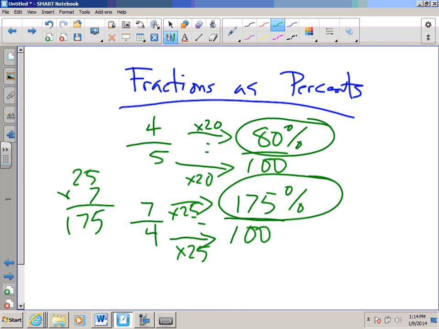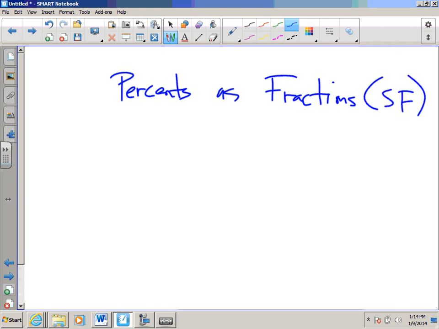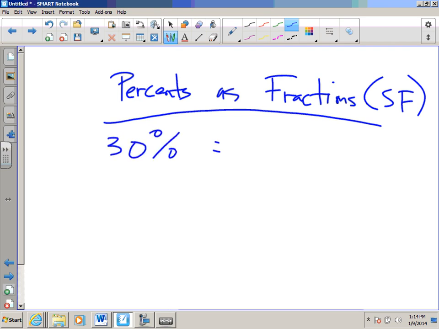And then I think the final thing was percents as fractions. And the one thing that we need to remember here is they should be in simplest form. So if we took the percent 30%, we want to put it into a fraction. Starting off, I would just take whatever the percent is, in this case 30, put it on top with what as the denominator?